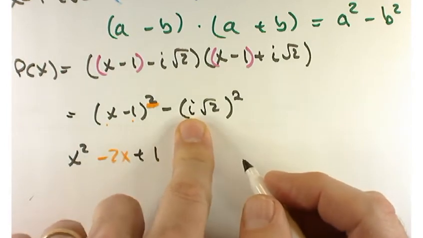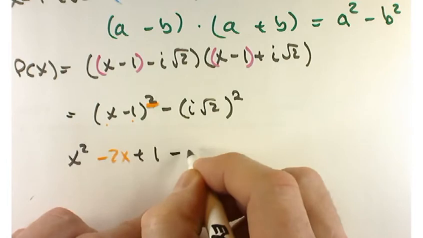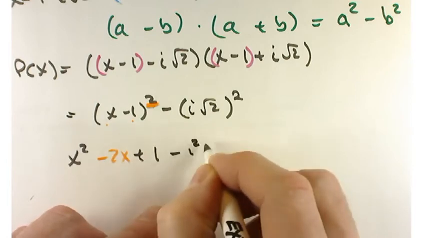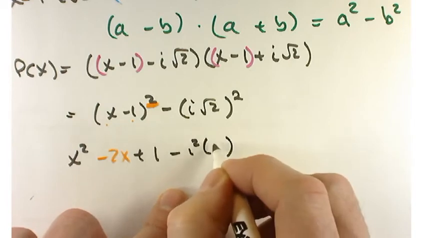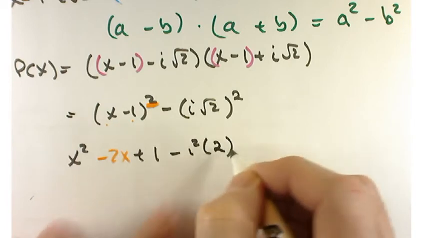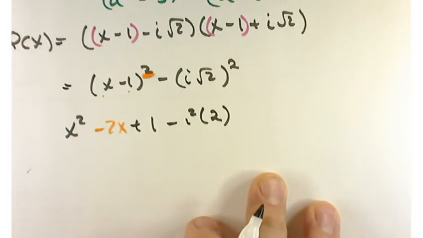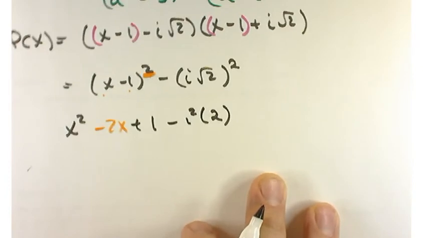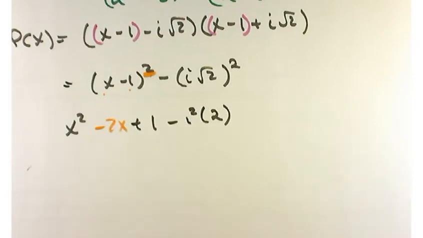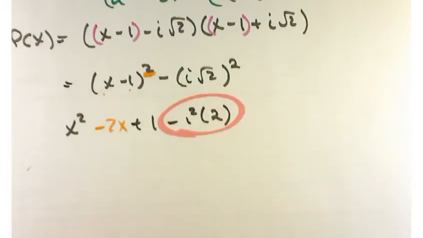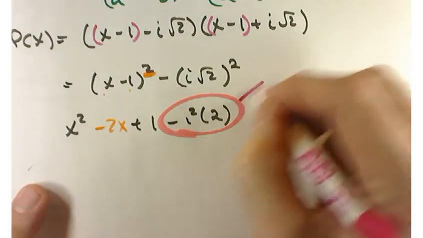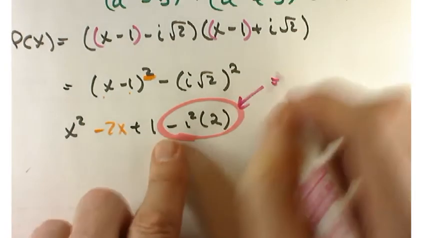Now how about over here? Minus i squared. What's the square root of 2 squared? 2. Can anyone simplify this much for me? What happens there? Good.